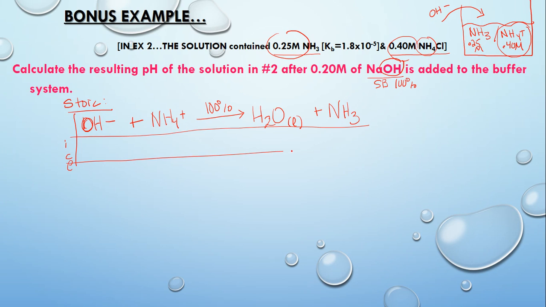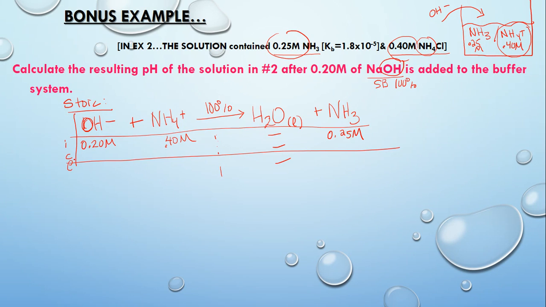So we're going to ICE the problem, and we're going to fill in the information that we know. We're told that 0.20 molar of sodium hydroxide is added, so here we're going to say 0.20 molar. The ammonium concentration is 0.40, so fill that in. And the ammonia is 0.25 molar. When we say it reacts 100%, this is what I mean.